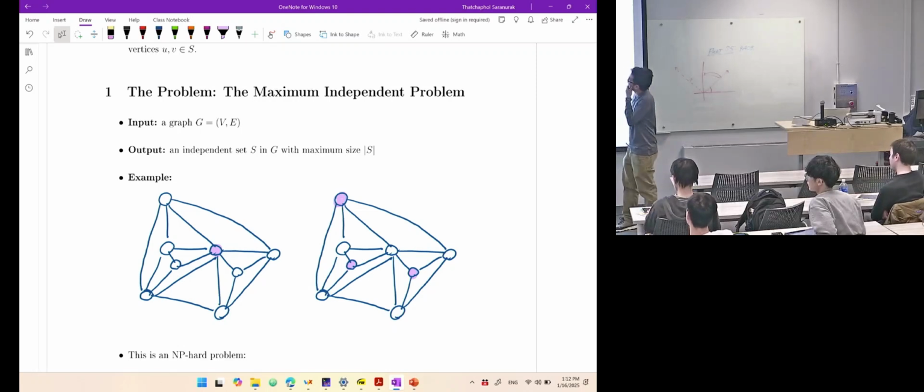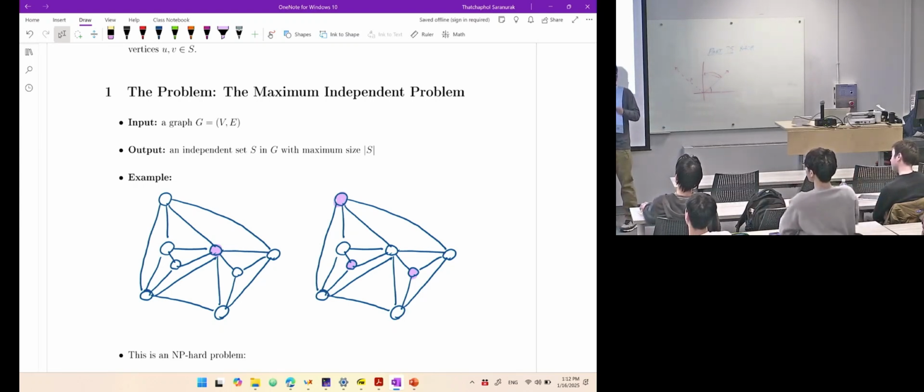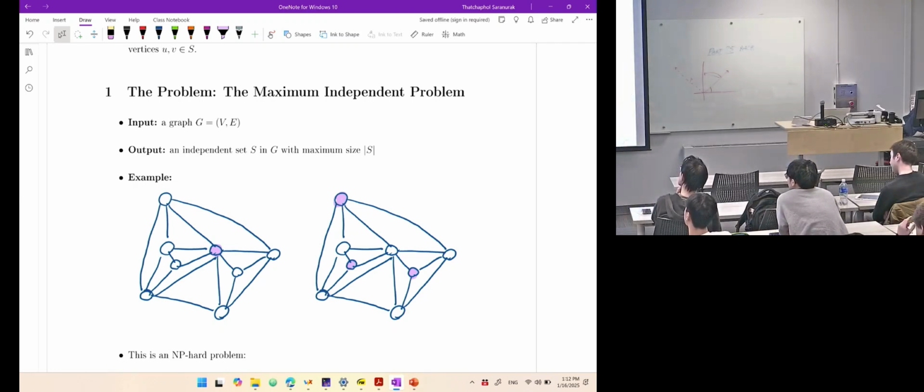The problem is that you have a graph and you want to find an independent set, a big independent set. What is an independent set? It is a set such that there are no edges inside it. For example, this is an independent set. This is also an independent set because there are no edges connecting them.